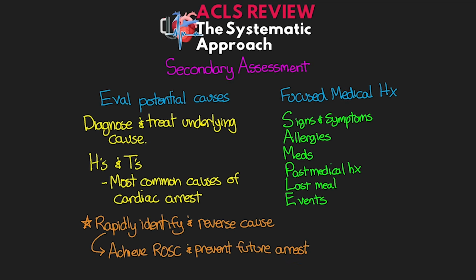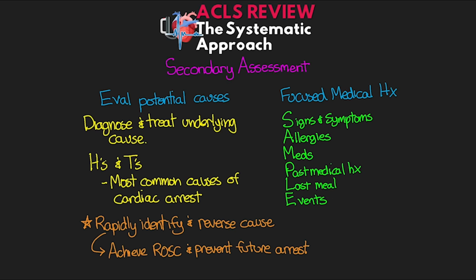All right, so the systematic approach that we have laid out here, from the initial impression, moving right into our BLS assessment, into our primary assessment for ACLS, and then on to the secondary assessment, is going to allow us to quickly evaluate the situation with our patient, and then to act quickly and appropriately with the best possible actions to try and either prevent arrest or to work to reverse the issue and see a return of spontaneous circulation.